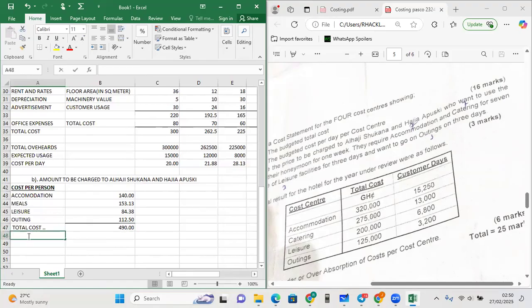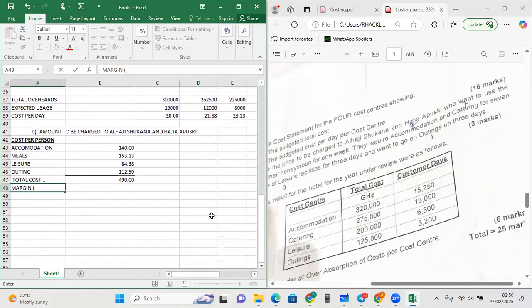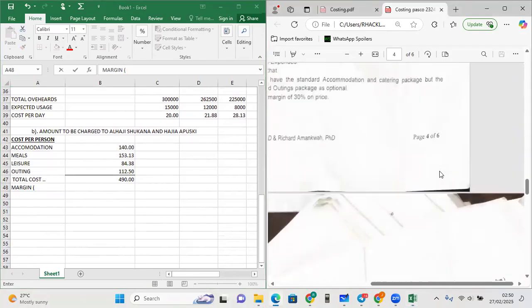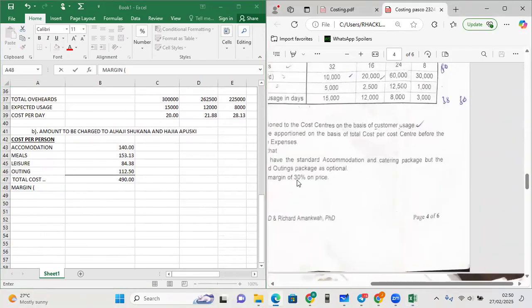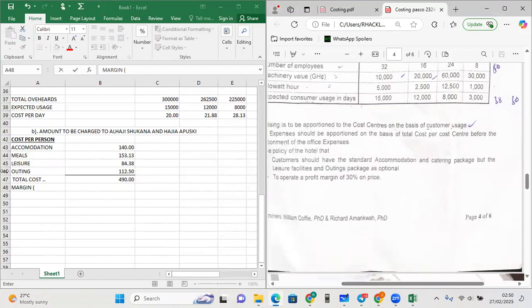So now, after summing them, we then find our margin. They said they are applying a margin of what? 30% on price. Since this is a margin of 30% on price, we have to convert that margin to profit.